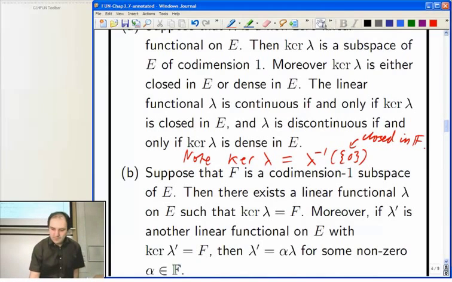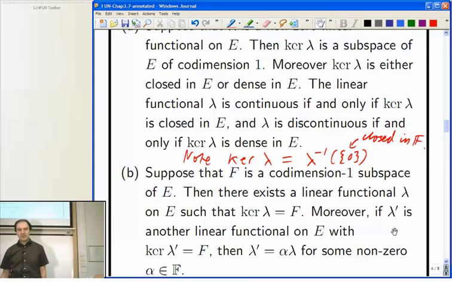And again, on a question sheet, if you've got a subspace of codimension 1, then it is the kernel of a linear functional. And in fact, there's not much choice. If you've got two different linear functionals with the same kernel, one of them has to be a constant multiple of the other. So you don't have much choice.